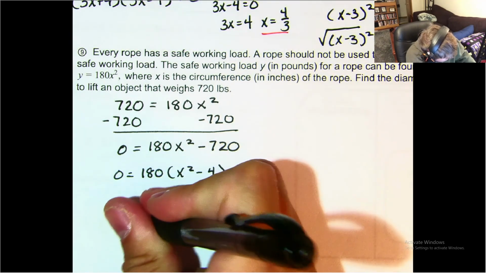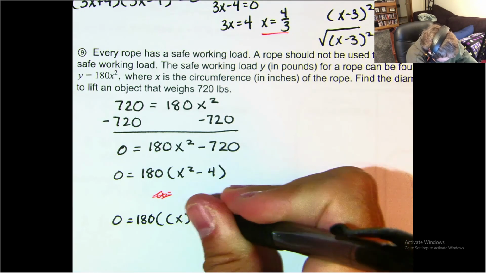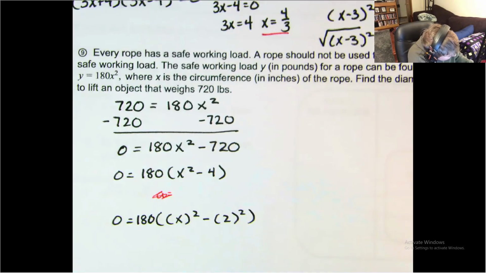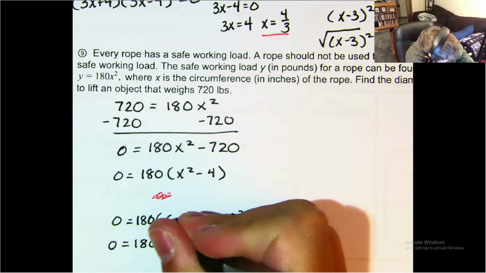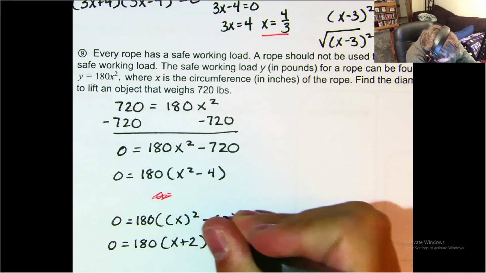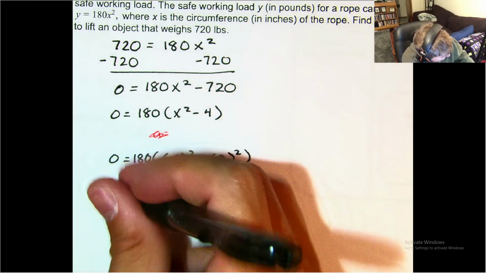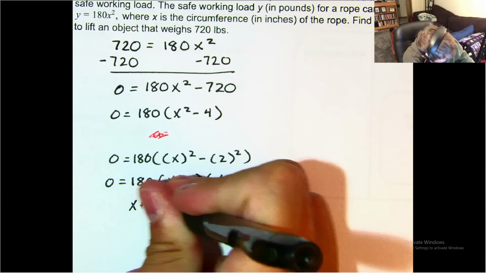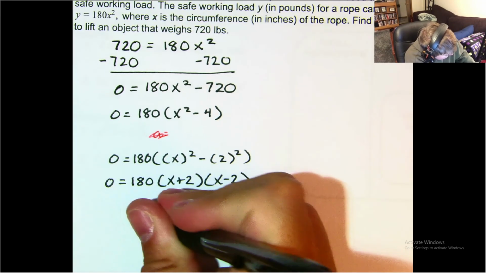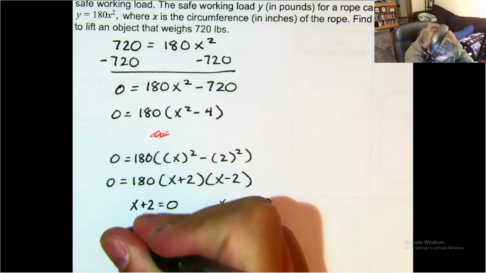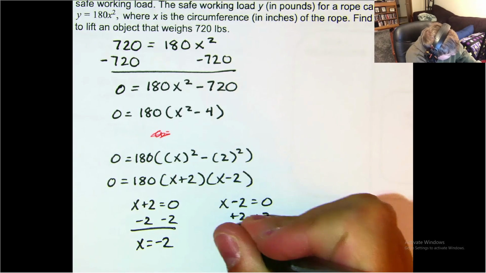So this is 0 equals 180 times the root of the first, which is x, minus the root of the second, which is 2, which means that this is going to factor into x plus 2 times x minus 2, which means I'm going to have two algebraic answers to this. I'm going to have x plus 2 is equal to 0, and x minus 2 is equal to 0. Subtract 2, add 2. x is either equal to negative 2 feet or x is equal to 2 feet.